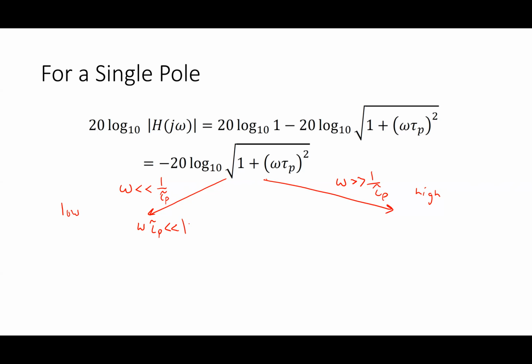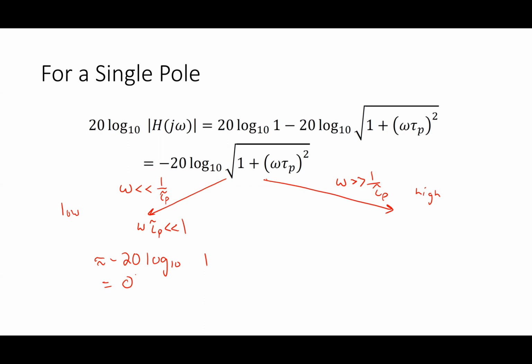So what is that equal to? 1. Okay, so at low frequencies, this becomes approximately negative 20 times log 10 of the square root of 1, which I can say is 1. What does this become? It becomes 0.